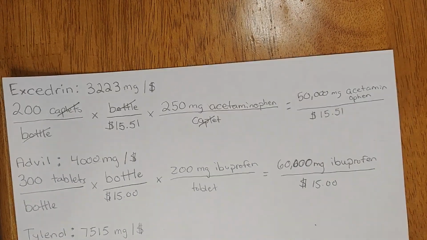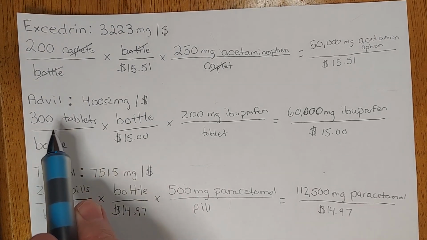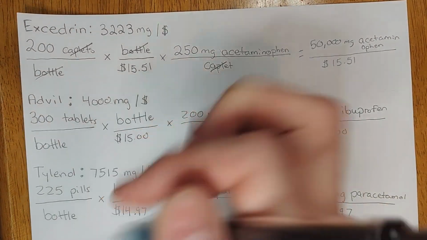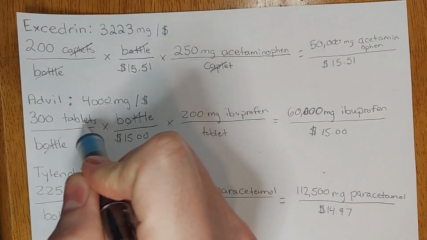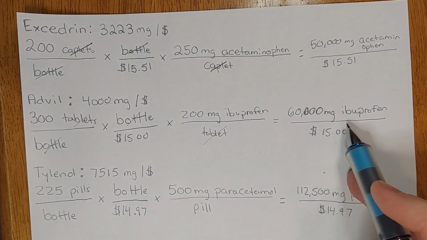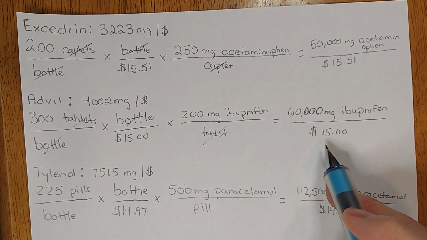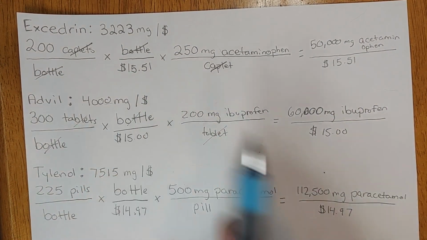And we use the same procedure for Advil, to get 60,000 milligrams of ibuprofen for $15, which gives us 4,000 milligrams a dollar.